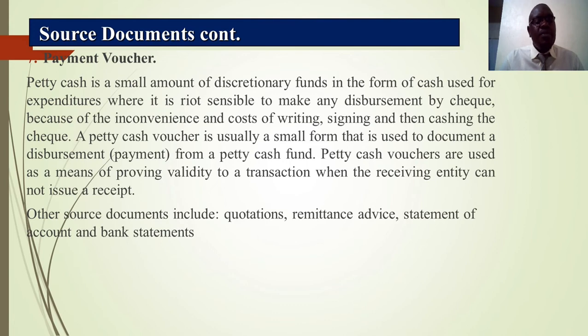This payment voucher also helps those people who supply small goods and small services to the business, and who don't have receipts themselves to give to the business as evidence that they have received the money.